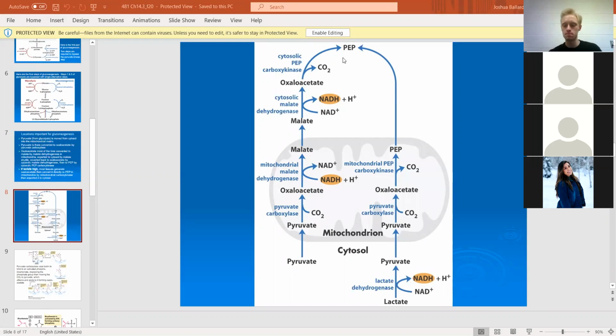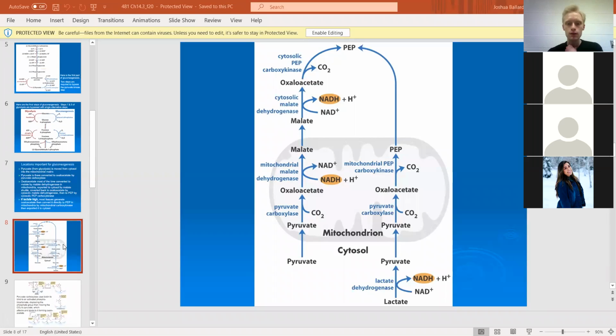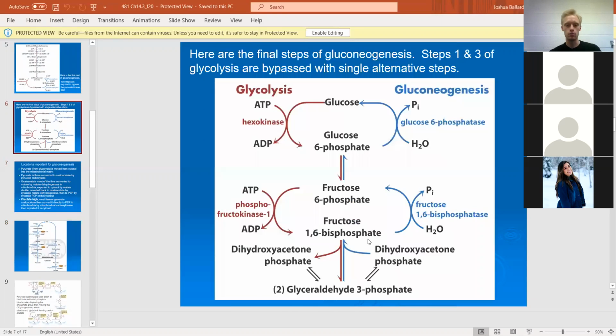Can I ask a question about what it means when it says bypass steps 1 and 2? Can you just remind me what that means? Yeah. So it says especially enzymes and locations of the bypass steps 1 and 2. We're using at least 2 different alternate methods to create phosphoenolpyruvate, and those are the main two steps.